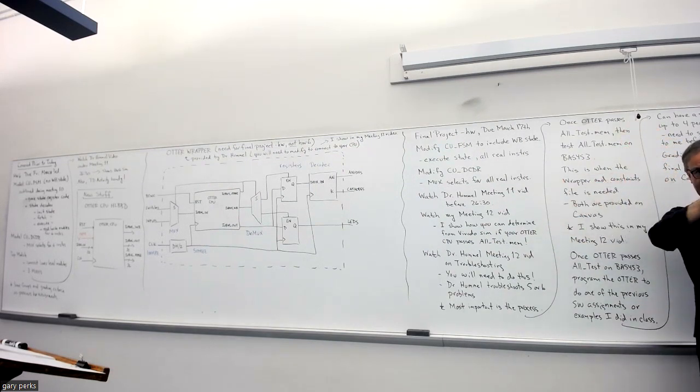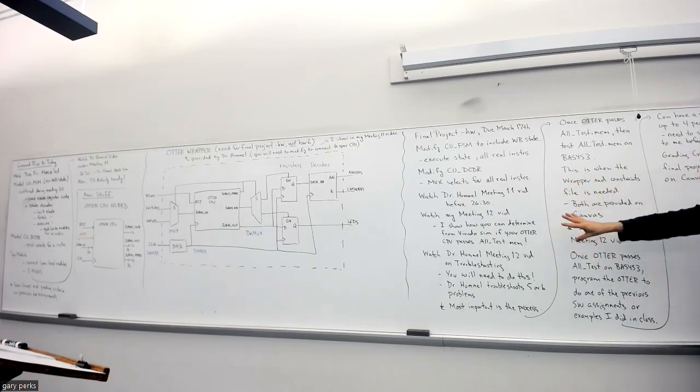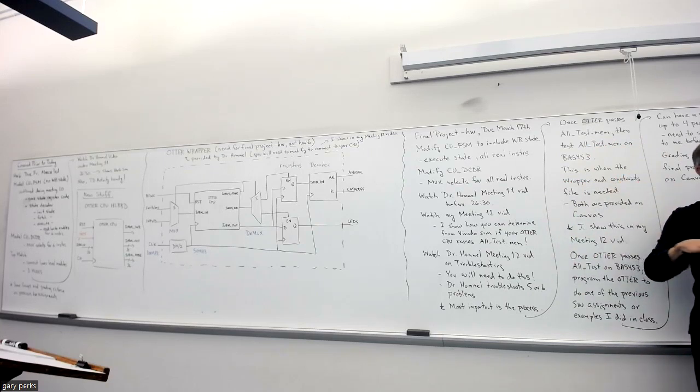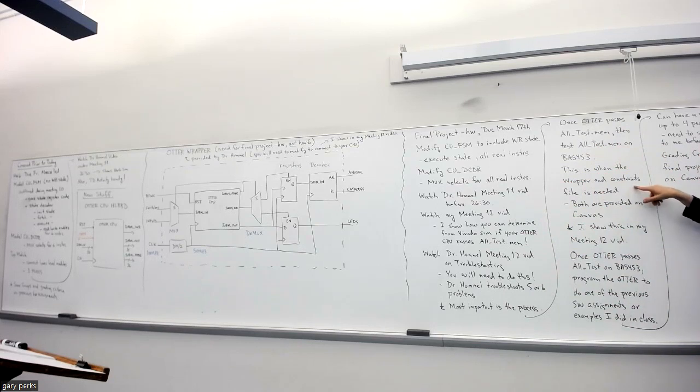Once it passes the all test in the sim, you want to see whether it passes the all test on the actual Basys board. That's when you're going to need the wrapper along with the constraints file. Remember the constraints files from CPE 133? You haven't needed a constraints file until now in this class, but that's what maps your inputs and outputs to the actual devices on your Basys board. We give you that constraints file for the wrapper, so we're not only giving you the wrapper circuitry, but also the constraints file.